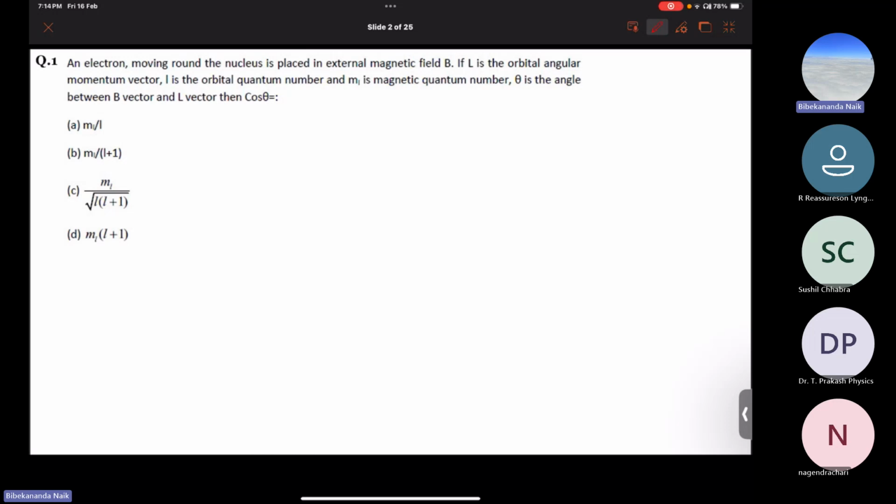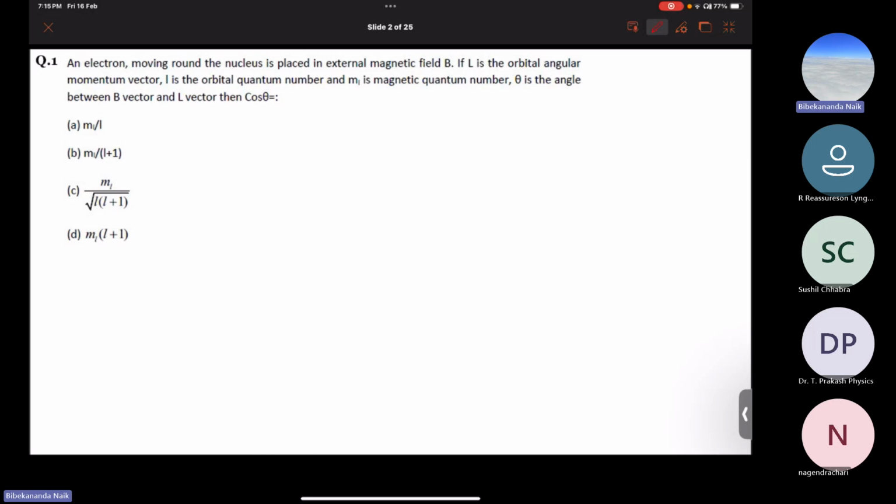So in the last class we calculated this. The electron is a charged particle. When the electron is revolving around a nucleus in a certain orbit, it will act as a magnetic dipole, and since it acts as a magnetic dipole, it will have its dipole moment.